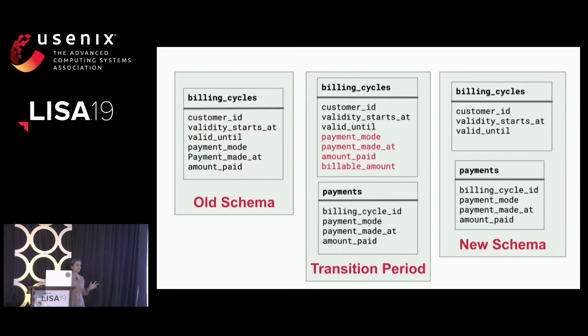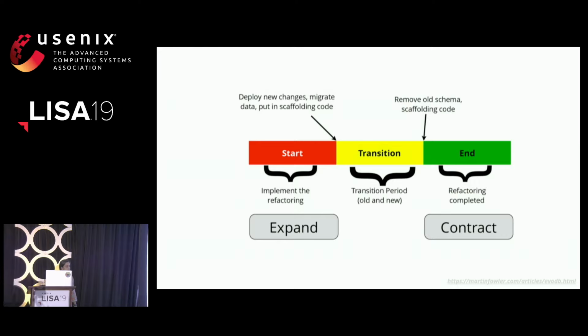When you are splitting an existing table into multiple tables, this kind of approach works, where you save data to both tables for a duration, and then you get rid of the old implementation. This is called the expand contract pattern.